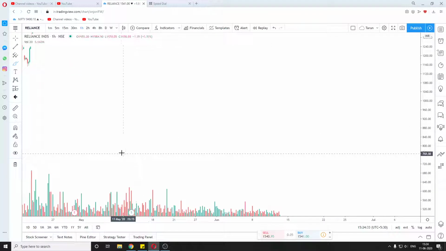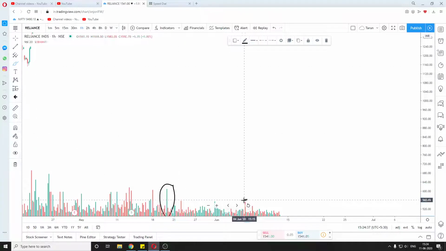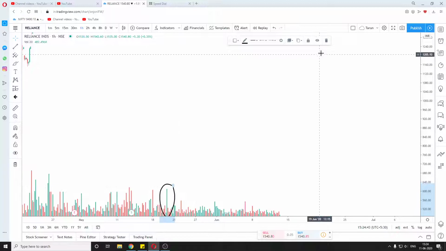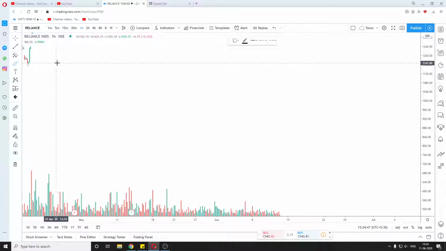What we are looking for is big volumes, which can help us identify a breakout or breakdown. So let's start from the beginning of how volume works.